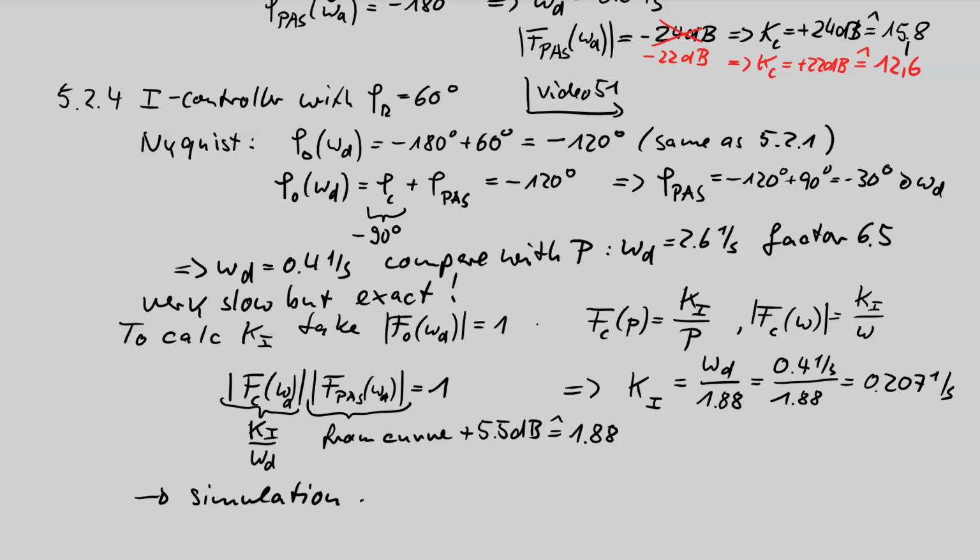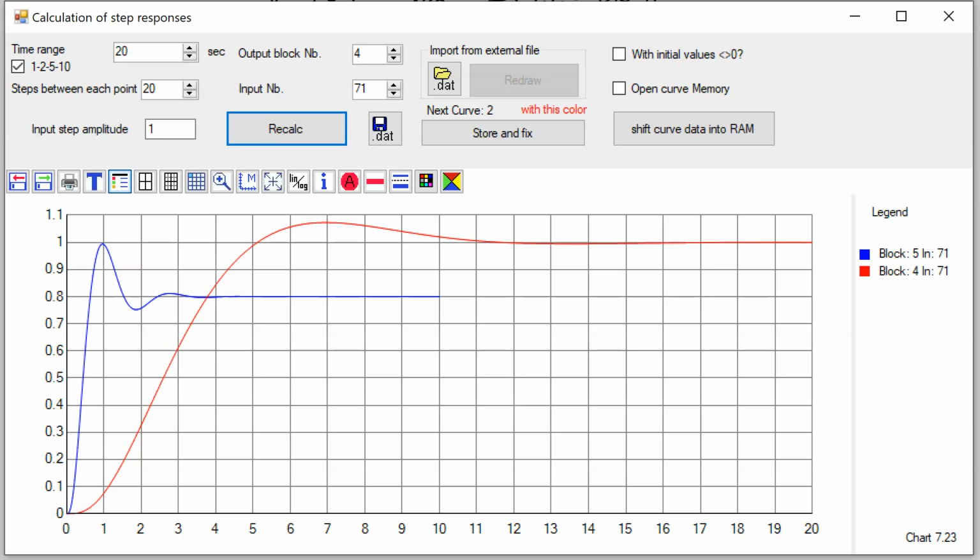Our Tmax is 4 divided by omega d. Very easy, we can check this. 0.4, that is 10 seconds. In simulation we get a Tmax value of 7 seconds.